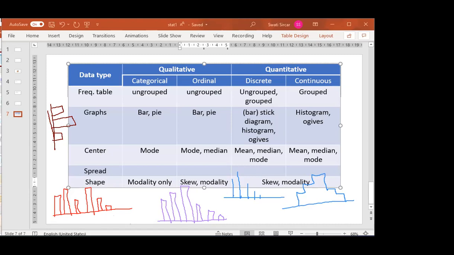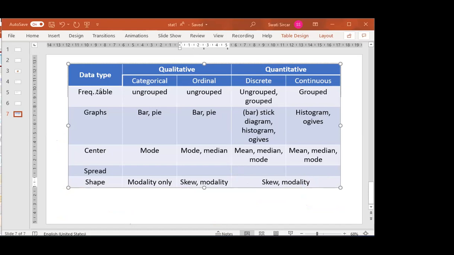Now the hierarchy. Quantitative data comes later. So it's usually started with qualitative, categorical data. The first graph they start with is the pictograph. Now there are two categories of pictographs. So let me go to the next slide, clear all drawings and go to the next slide.